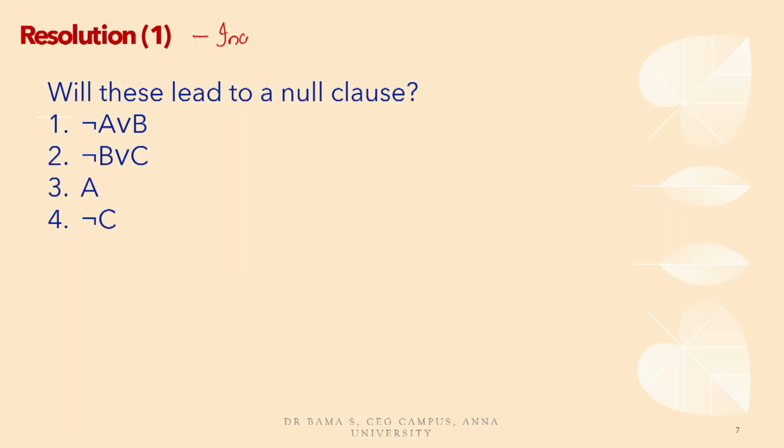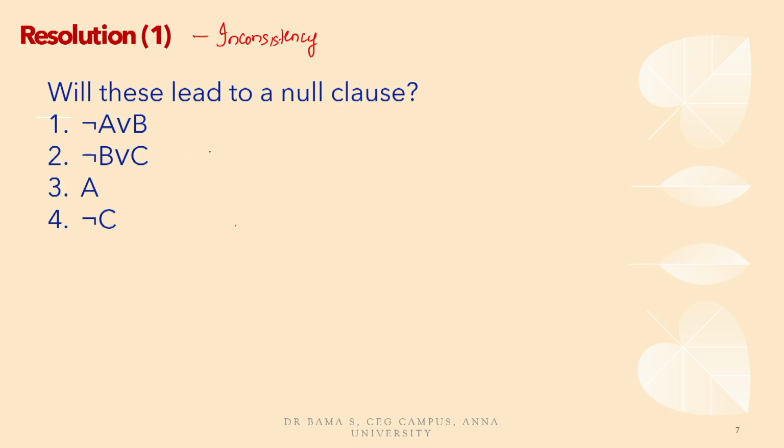Now, we will get into another automated method, resolution, where we can reason using inconsistency. So, this acts as an inconsistency. We are going to check within this knowledge base whether all these clauses will lead to a null clause.